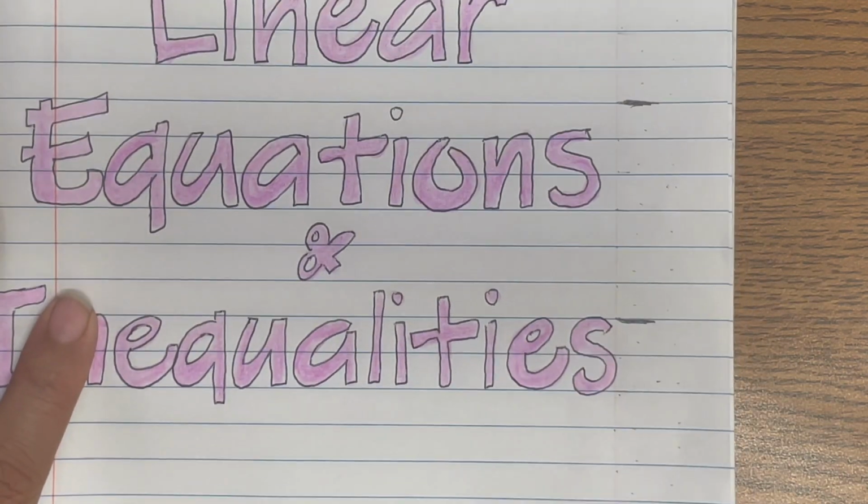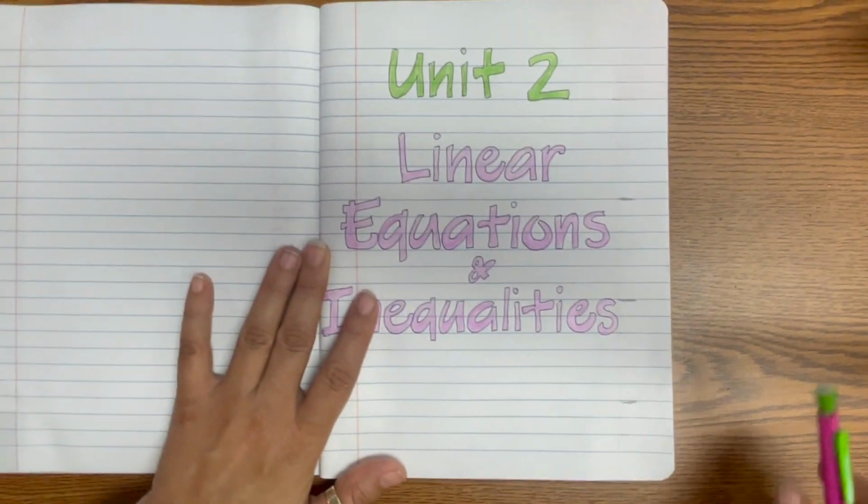Next page, where you've marked it out, write systems from context. And then on the last page, EOC review. All right, so now I've labeled my tabs. Okay, once again, you're making sure you have 5.